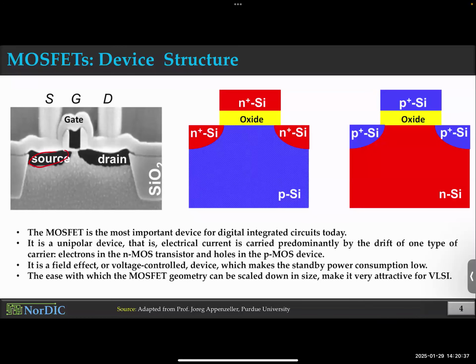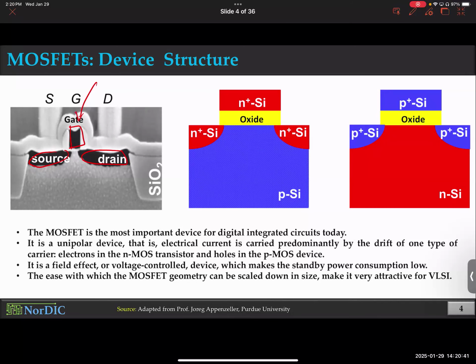You have a source terminal, you have a drain terminal, you have a gate. When you apply some voltage, either positive or negative, depending on the polarity of the MOSFET, imagine you have positive voltage, it creates a channel between the source and drain, and the electrons can flow from source to drain. When you remove that voltage from the gate, this channel gets broken and you no longer have current flow.